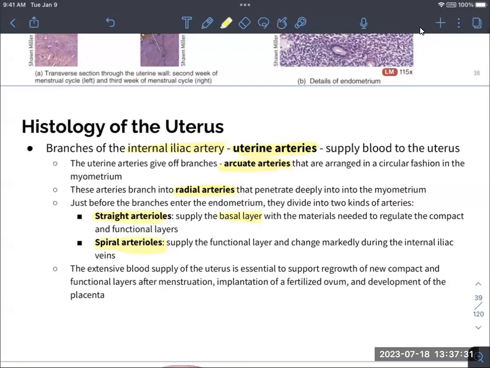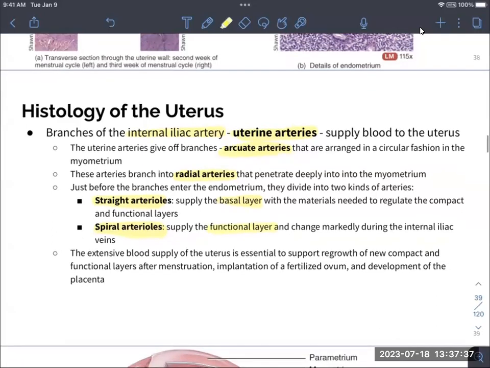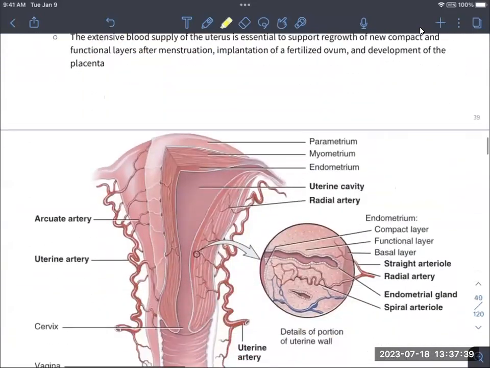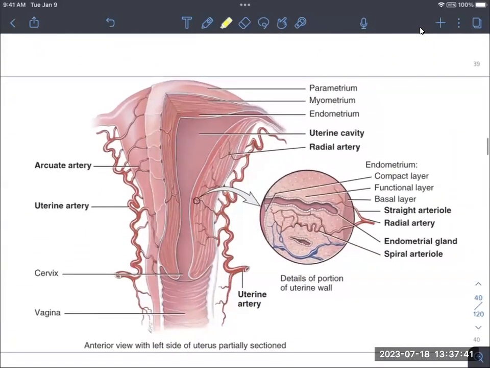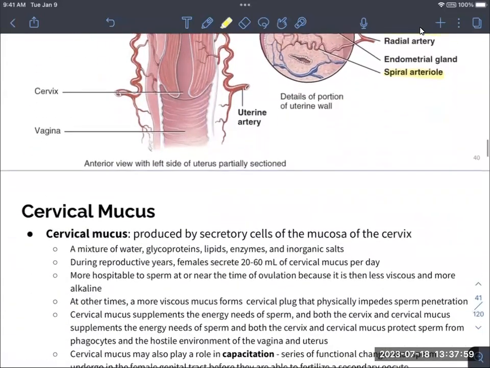The spiral arterioles go to that functional layer. So we can see some of these different arteries. You see these spiral arteries through here. You see these straight arterioles that are feeding these different layers. Here's this arcuate artery before it goes in and starts to feed into that wall specifically.